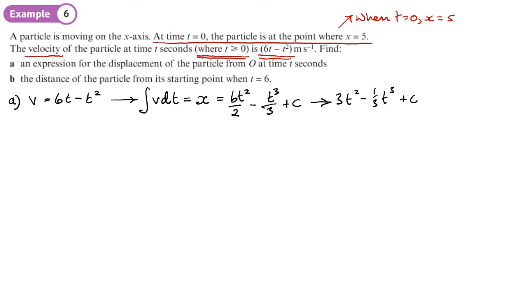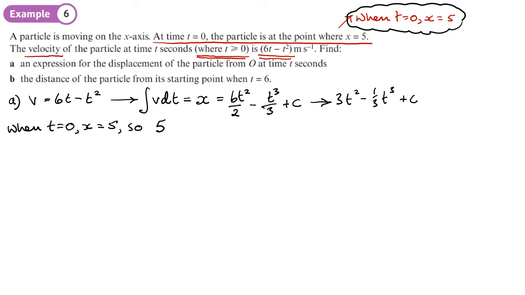Now look, we were told this at the start. We can use that to find c. So when t equals 0, x equals 5, so that will give us 5 equals 3 times 0 squared, so we just substitute 5 and 0, minus a third times 0 cubed plus c, which then tells us that c equals 5.